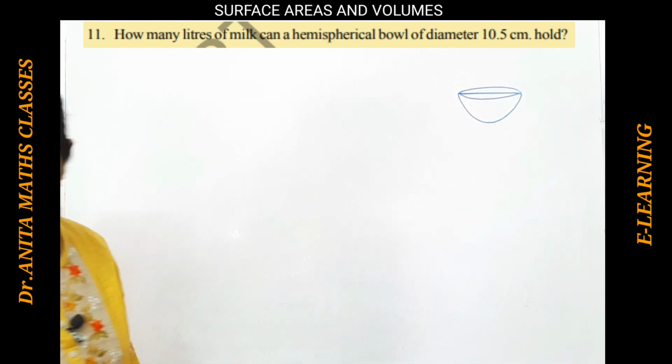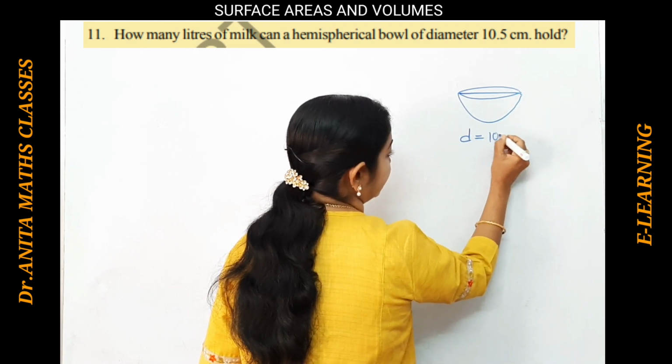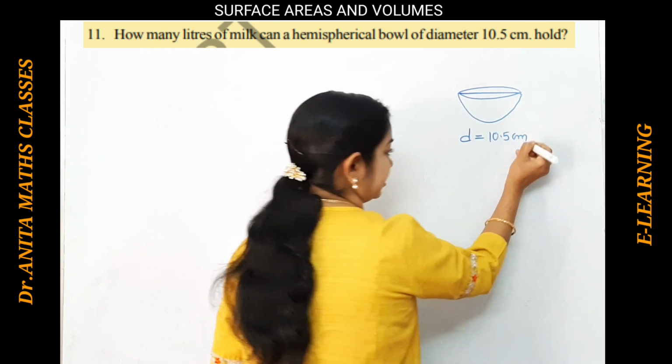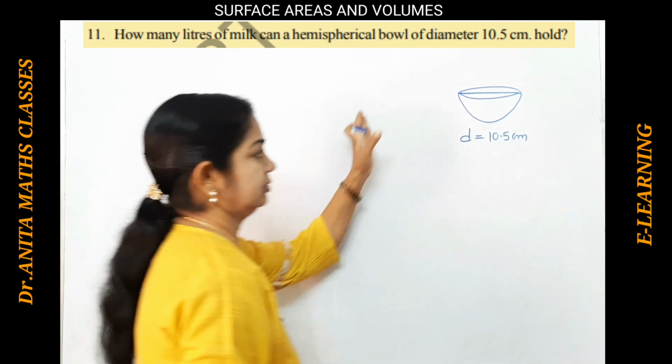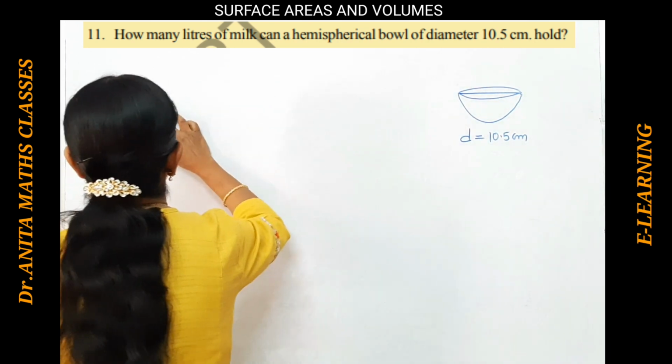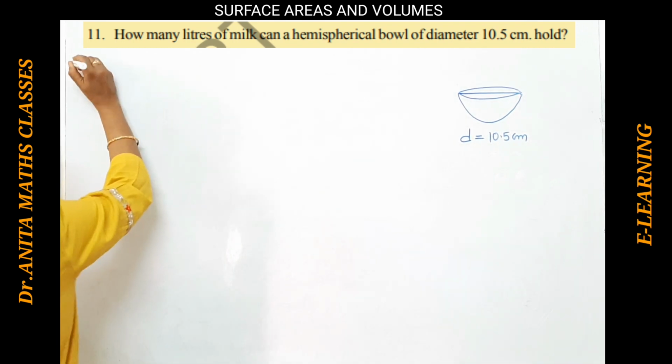Given for us is the diameter. Diameter is given as 10.5 centimeters. Yes, 10.5 centimeters. We will find the volume. Now which sum is this? This is the 11th problem.